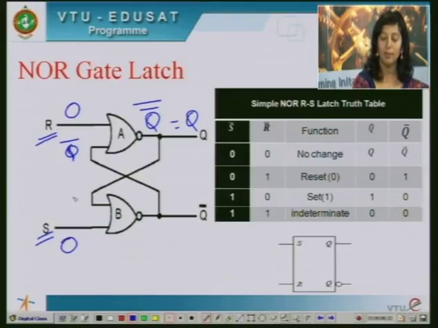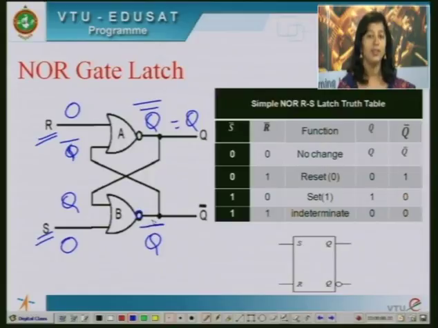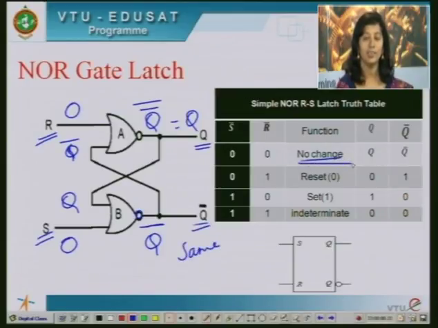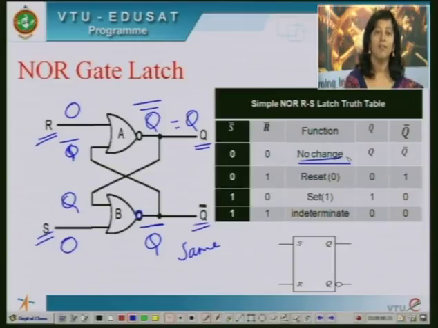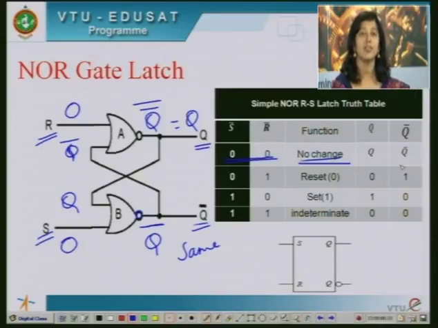The other input coming to this is Q, and therefore Q or 0 is Q itself, and we have complement of that bubble, therefore Q bar. So what happens? The output remains in the same state as before or no change state. So here when R and S are both zeros, there is no change in the output. So please remember, two zeros for R and S, no change in the output.